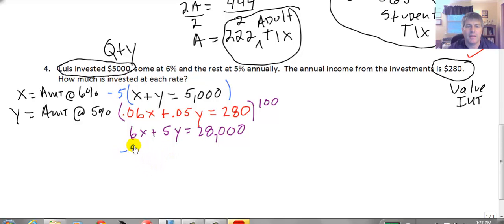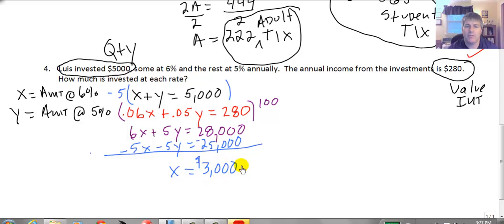So I get -5x minus 5y equals -$25,000. Okay, I add my system, and the y's will drop out, so I will get x equals $3,000.